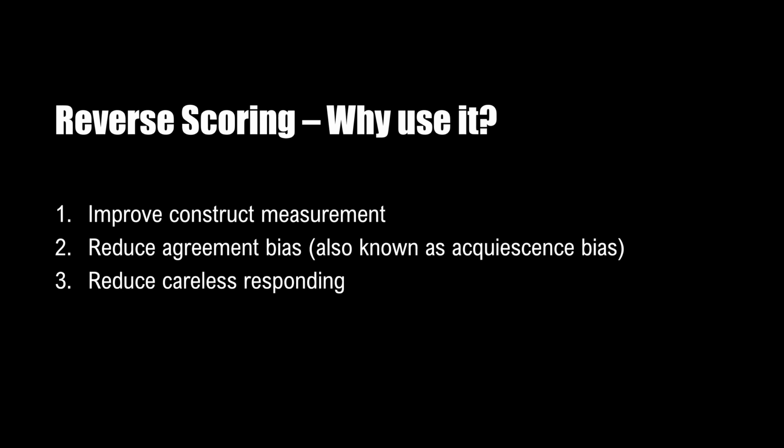They're just helping out their friend who needs some survey responses for class, right? I know you can't imagine that happening. So this careless responding, if you have questions that are all phrased in the same direction, they're all getting at this like high self-esteem value, people might not pay as much attention. Whereas if you throw in a question that's reverse scored, it kind of switches things up and it brings their attention back. So there's some benefits to doing reverse scoring.